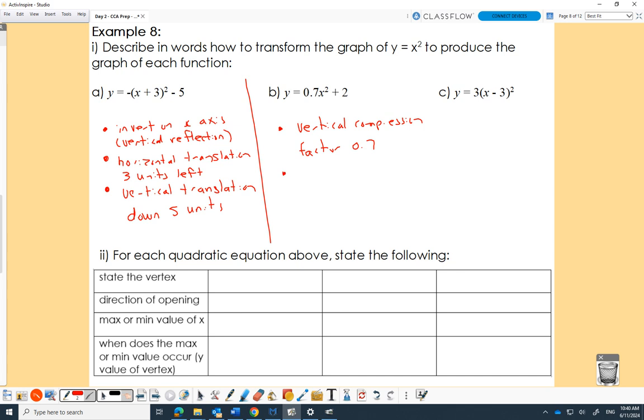What was it about the number that told you it was compression? Yeah, less than 1. Right, less than 1. So it makes it smaller. When you multiply by things that are less than 1, you get smaller numbers. And then the plus 2 outside, that's the one most people find easy. It's the one that's most sensible. The least thinking, the plus 2 out there is vertical translation. Up 2. Is this all ringing a bell?